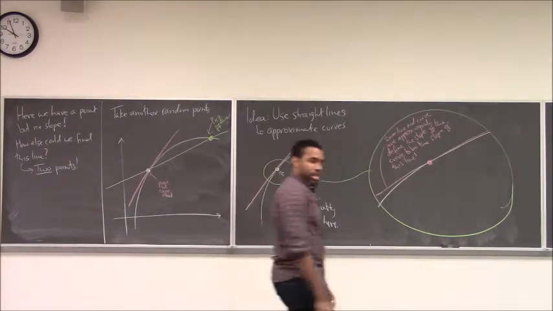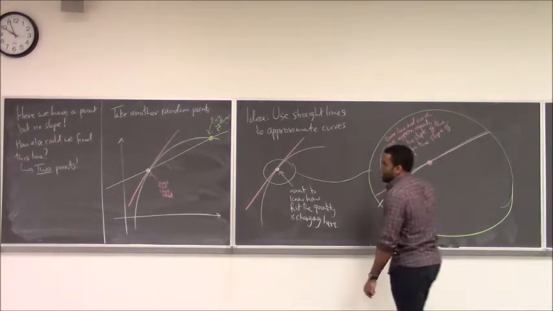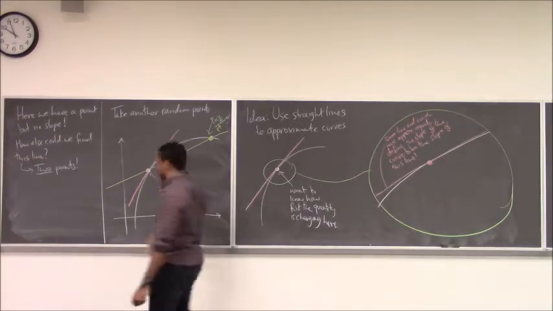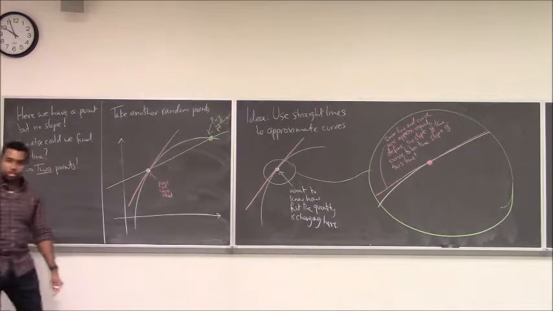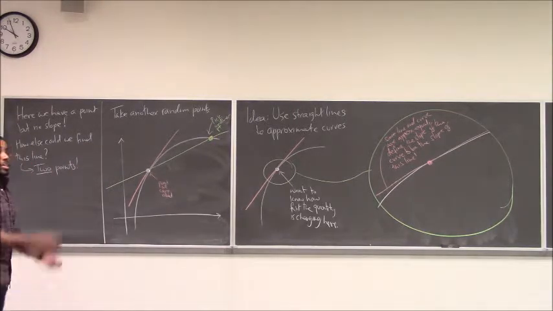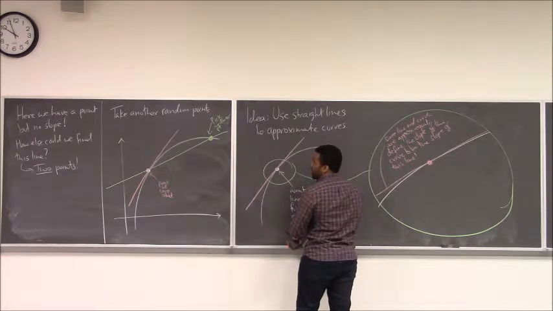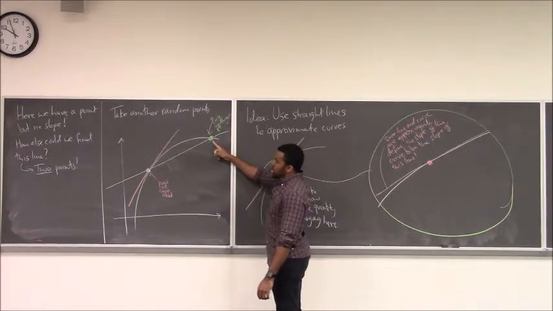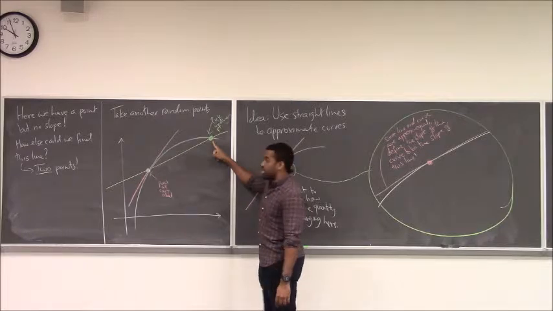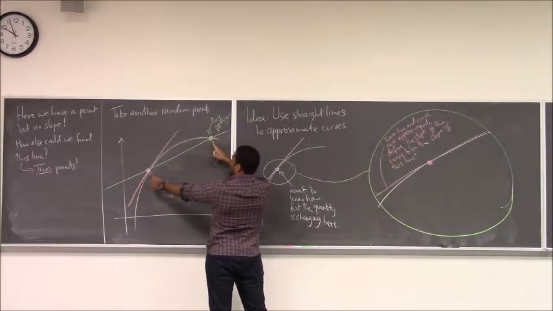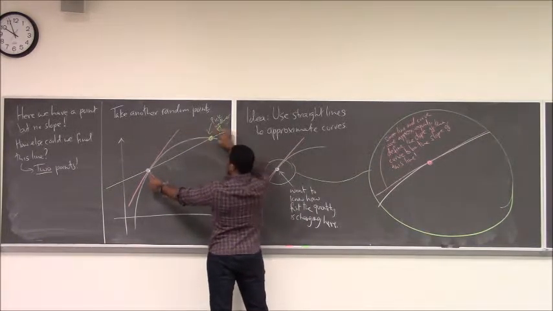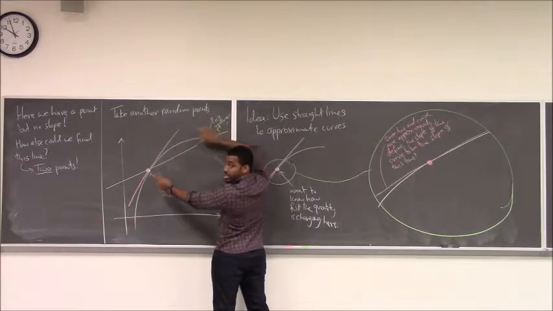Now you might say, how is that helpful? I care about the white point. How is me knowing the white and the green point going to help me? So here's the genius of the matter. What if I make that point a variable point? In the sense that I keep this one fixed on the point that I care about, but I allow this point to move, right?